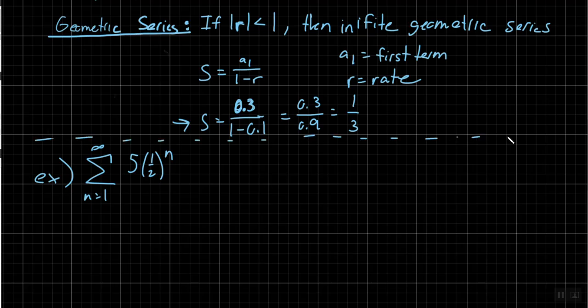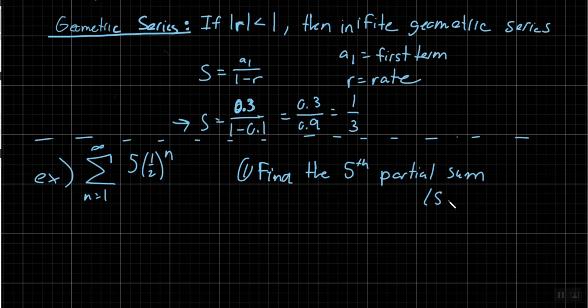Find the fifth partial sum. That partial sum is now S5; you can just denote it as that, same thing as S to the 5. So first, the fifth partial sum, S5. Second, find the sum of the series.